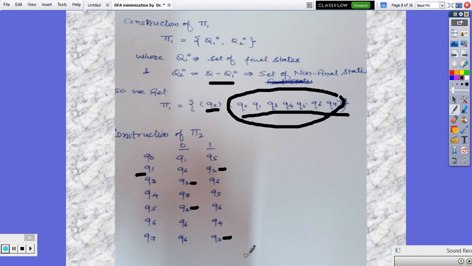That means these particular transitions, Q1, Q3, Q5 and Q7, are not belonging to this set. These states can be further split because they are not equivalent.